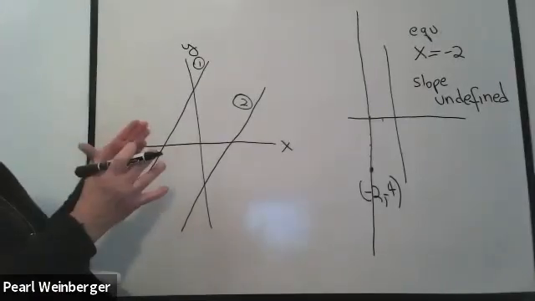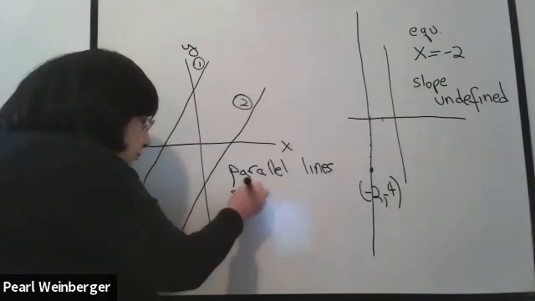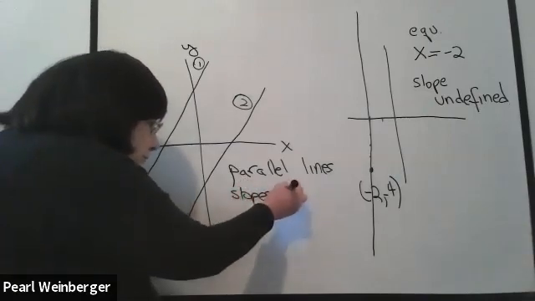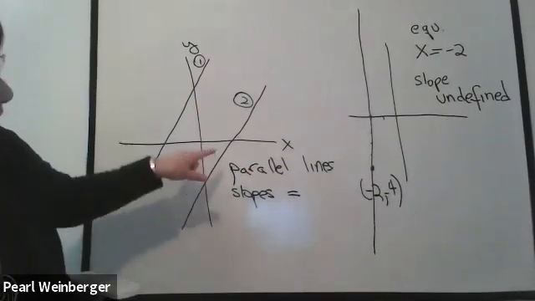It so makes sense. When the lines are parallel, then their slopes have to be equal. I'm not writing a whole sentence. I hope you understand what I said.